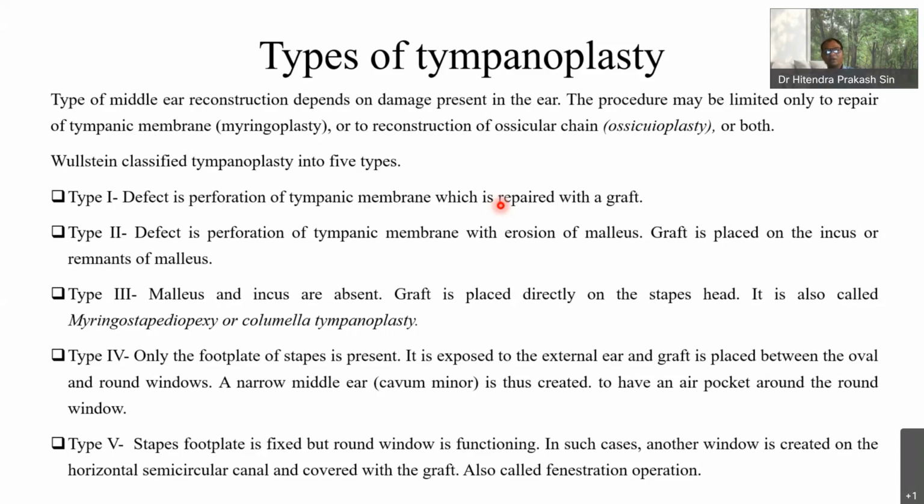A narrow middle ear cavum minor is thus created to have an air pocket around the round window so that the vibrations from the stapes go to the round window. Now, in type 5 cases, the stapes footplate is fixed, but the round window is functioning. So we make another window in the horizontal semicircular canal and cover it with the graft. It is also known as fenestration operation.